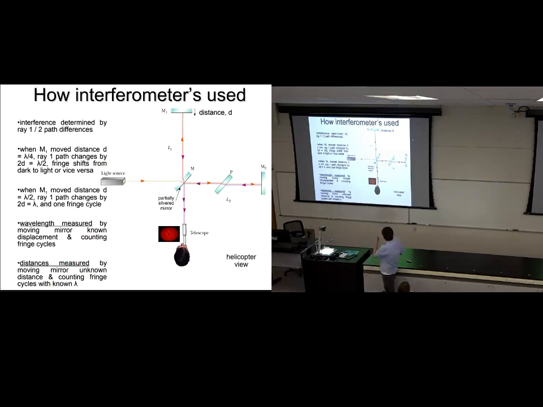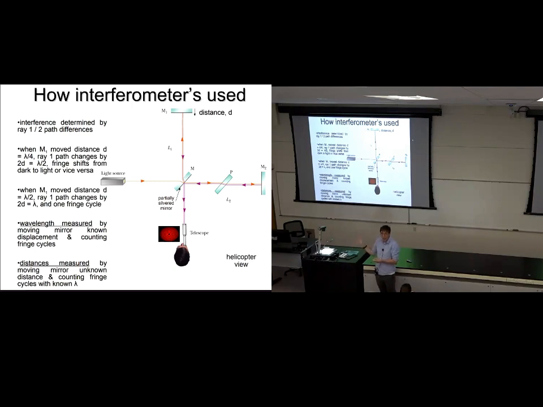If that light ray that went up and then down is traveling an extra 1/2 a wavelength, but we haven't changed the path traveled by the light ray that went left and right, then what are we going to do? We've changed a crest of the up-down light ray to a trough, because we've added an extra 1/2 wavelength path difference. We've changed a trough of the up-down light wave to a crest.